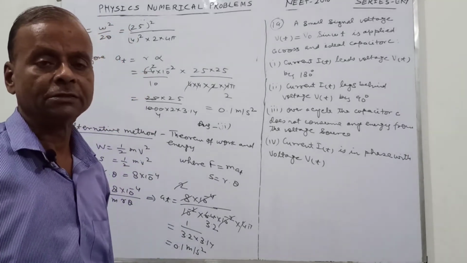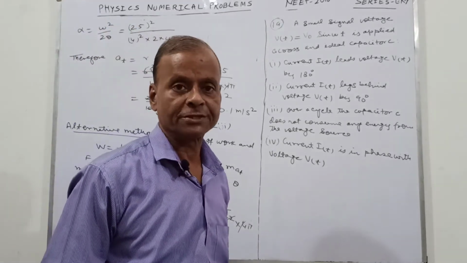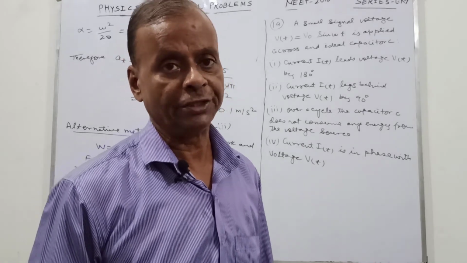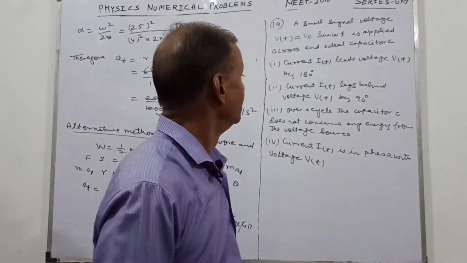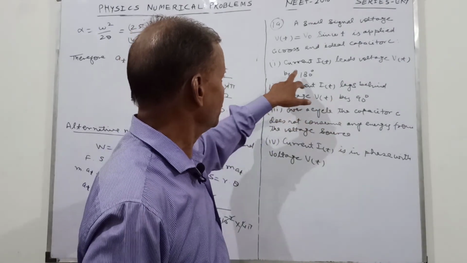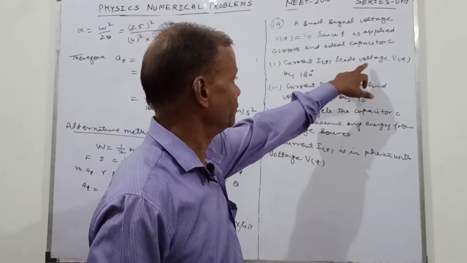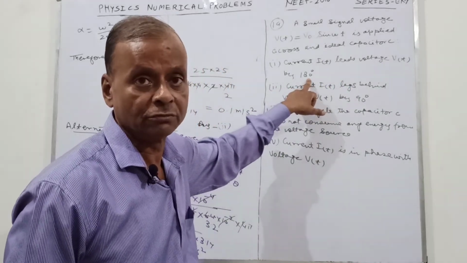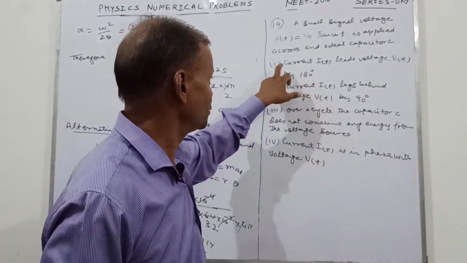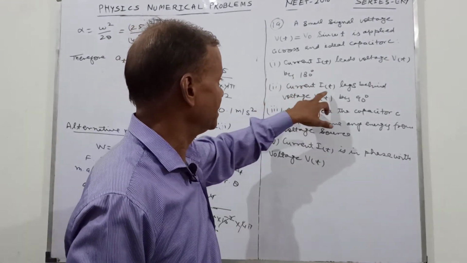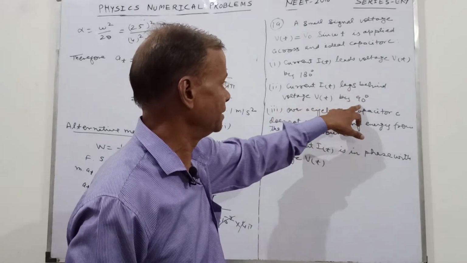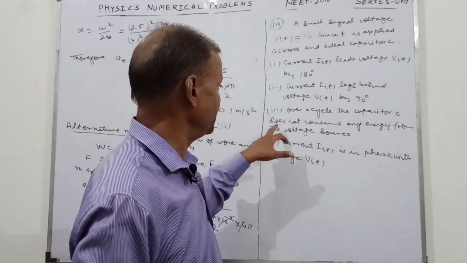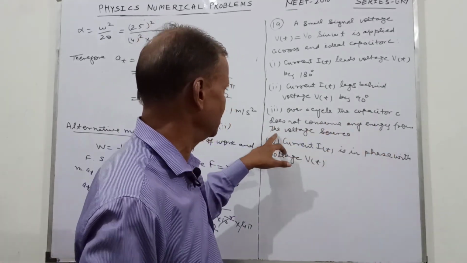Now we know that in case of the capacitor, current always leads the voltage by 90 degree. The first option, current leads the voltage, this is right, but 180 degree is wrong. This must be 90. So the first option is wrong. Current I(t) lags behind the voltage by 90 degree, this is also wrong. Over a cycle, the capacitor C does not consume any energy from the voltage source.